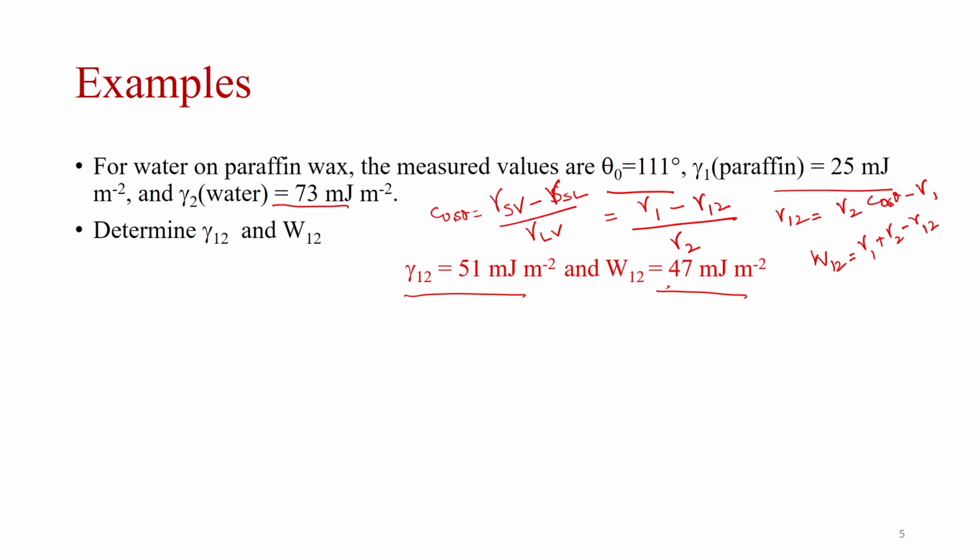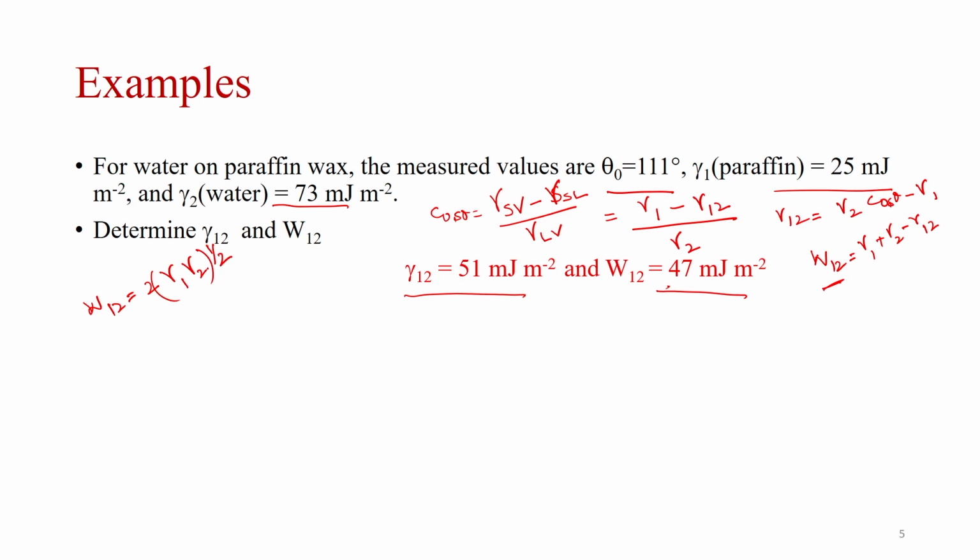Now, if you remember the last class, we can also calculate the work of adhesion even if the contact angle value is not given to you. The work of adhesion W12 will be twice of gamma 1 gamma 2 to the power half.